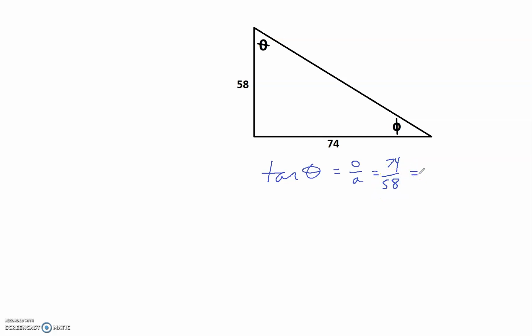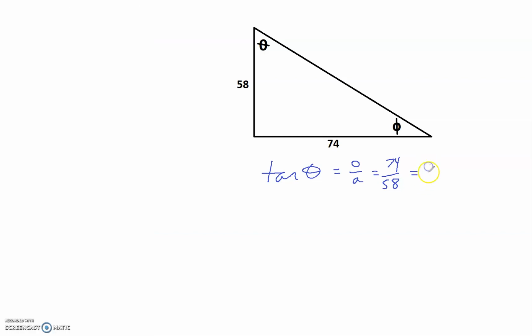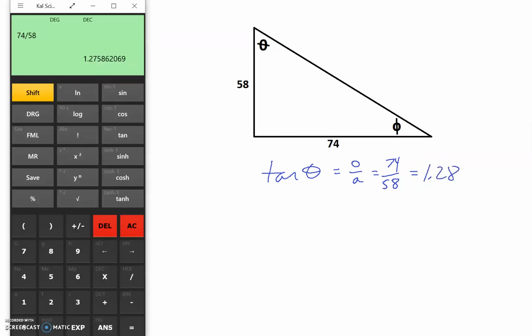Okay, I'm writing it out like you should. That's really simple. It's just 74 divided by 58. I press equals, and I get 1 point, I'm going to round off a little bit here, 1.28, we'll say. So there's my tan theta is 1.28.